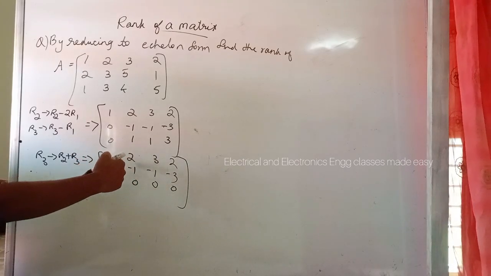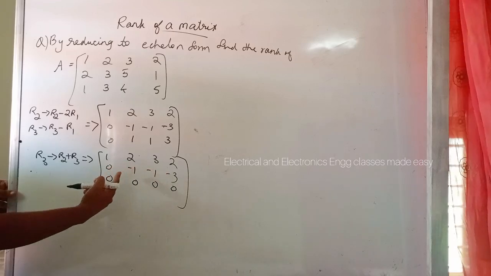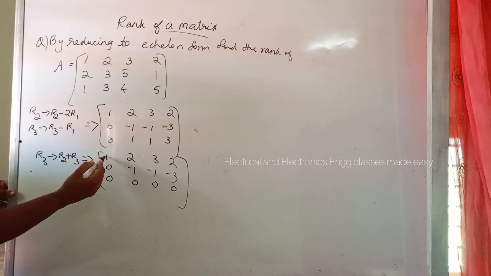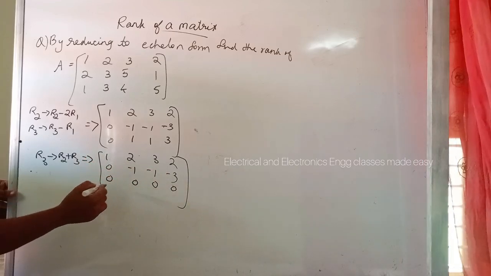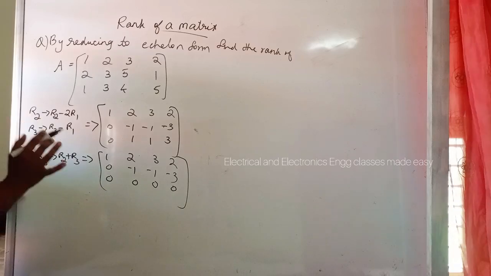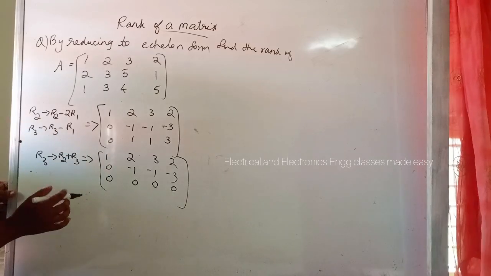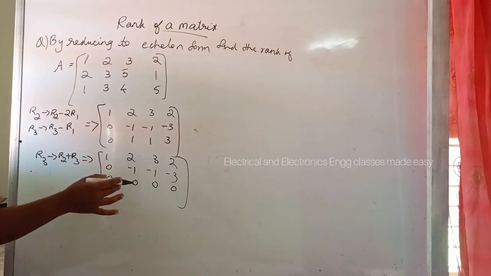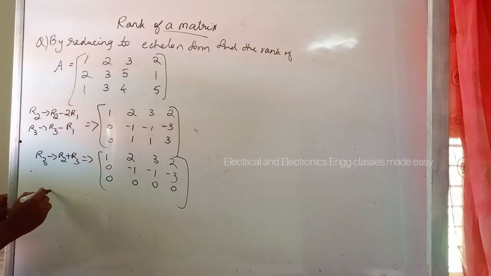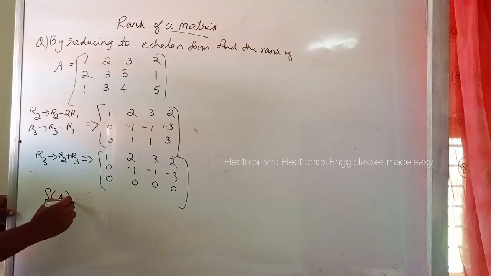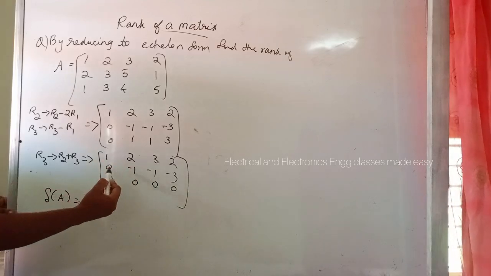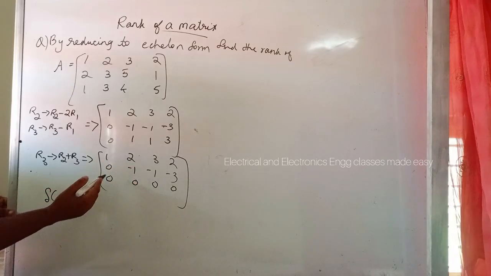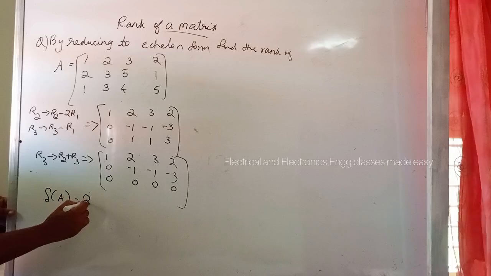Now we cannot make these elements 0 because there is 1 here. So this is in the echelon form. The rank of A is equal to the number of non-zero rows, there are two non-zero rows. So the rank of A is equal to 2.